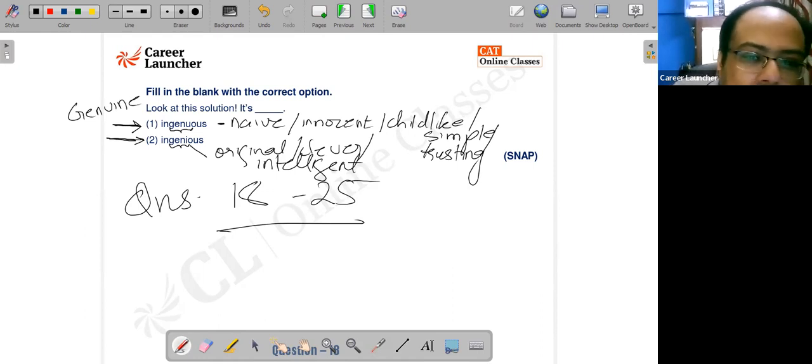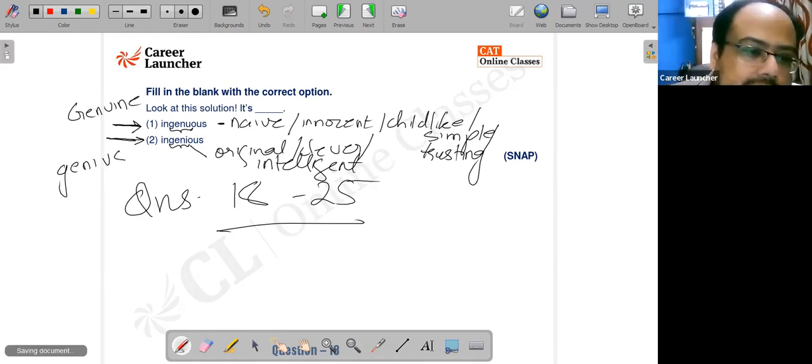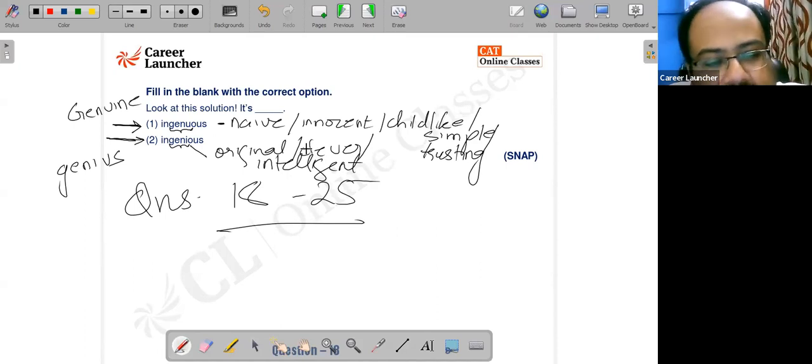So something that is genuine is maybe something that is innocent, simple or trusting. The second word, GENI, I relate to the word genius. So who is genius? A person who is clever or intelligent. So that is one way of differentiating between the meanings of these two words.